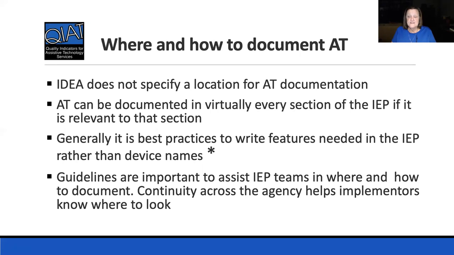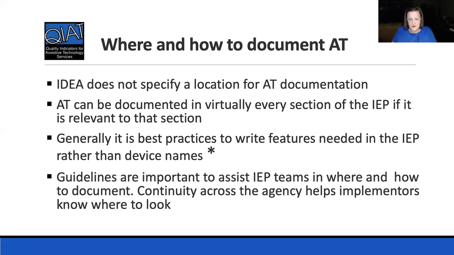Generally, it's best practice to write features needed in the IEP rather than to write device names. For example, you might say a tablet computer with word prediction software, but you wouldn't say a particular program or a particular device.